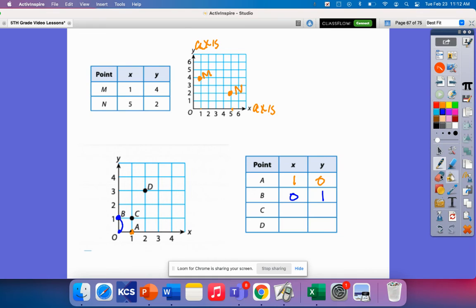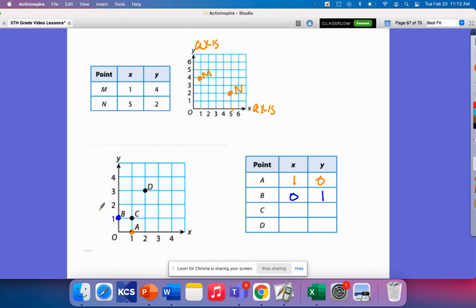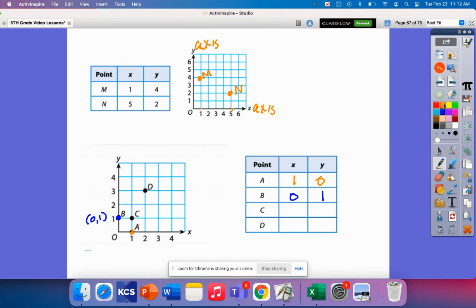So now you can kind of see what these points would look like if I have a 0 as one of my ordered pairs. B is (0, 1), and then point A would be (1, 0).